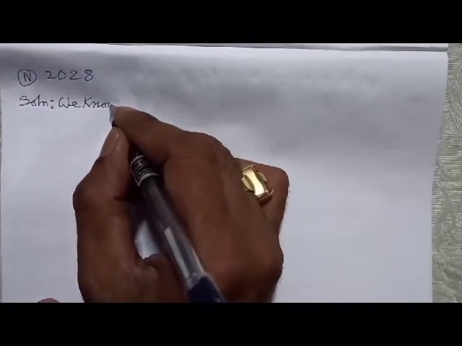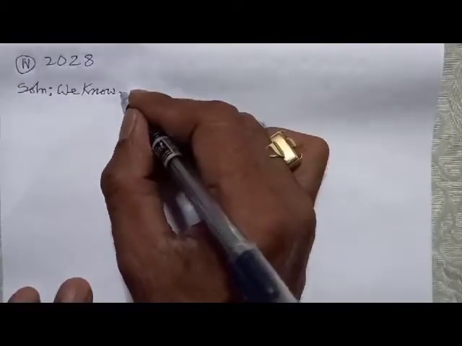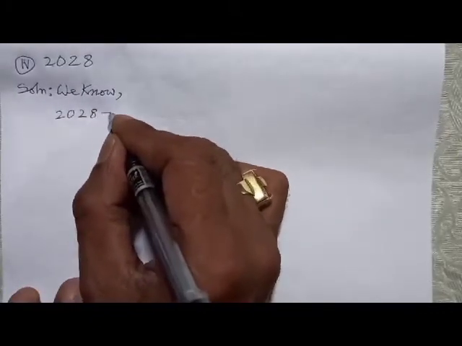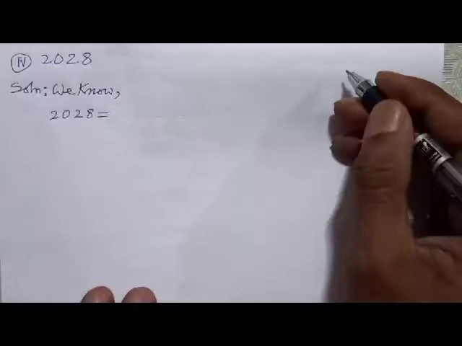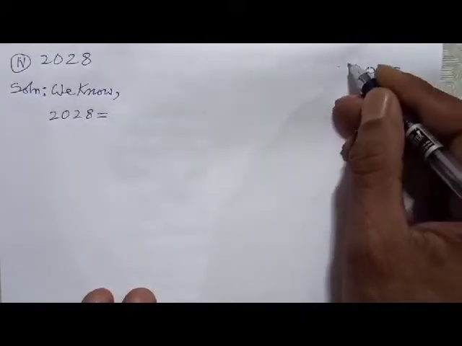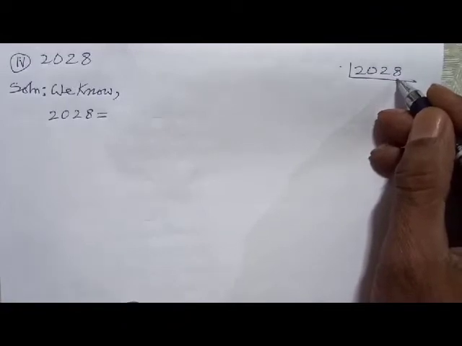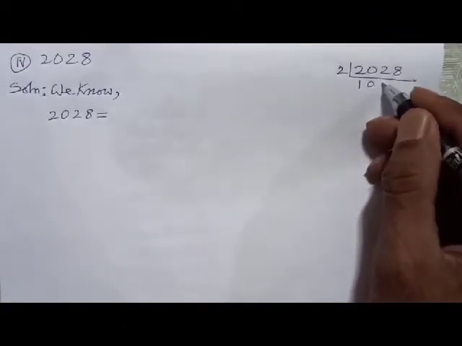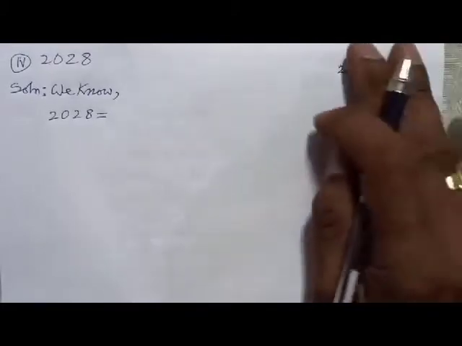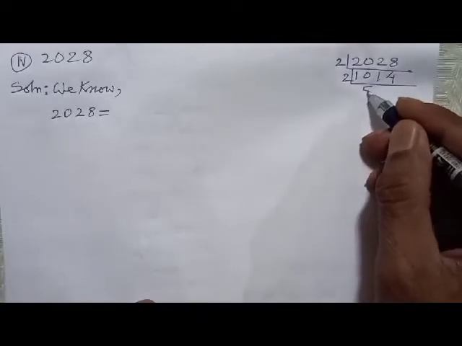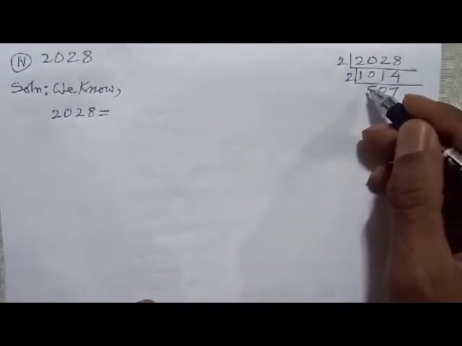We know, write this number 2028. Let's find out the factors of 2028. 2028. The unit place is 8, so we can divide by 2. 2 1 time is 2, 0, 2 1 time is 2, 2 4 time is 8. And then divide by 2, 2 5 time is 10, next is 0, 2 7 are 14.